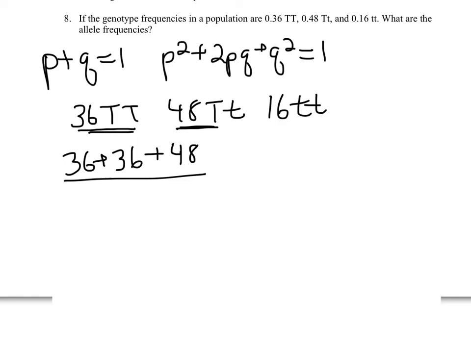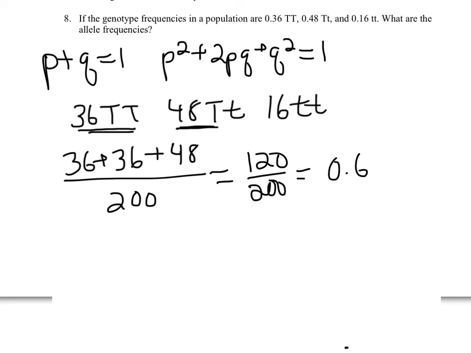In our population of 100 individuals, each donates 2 alleles, so that's 200 alleles total. That means we have 120 alleles out of the 200 that are big T. So the frequency of that is 0.6, the equivalent of P, the frequency of big T.